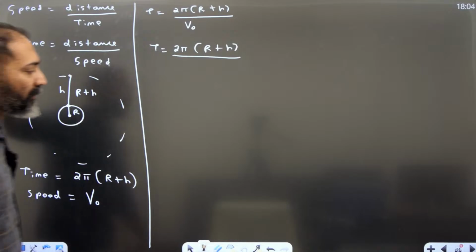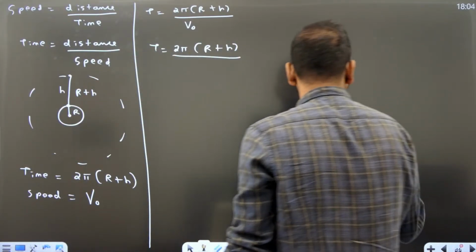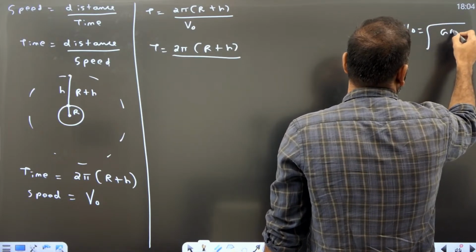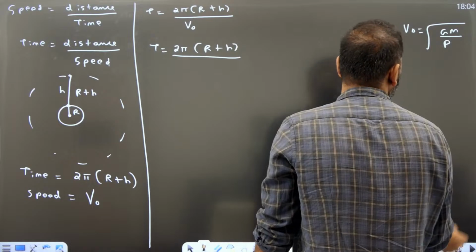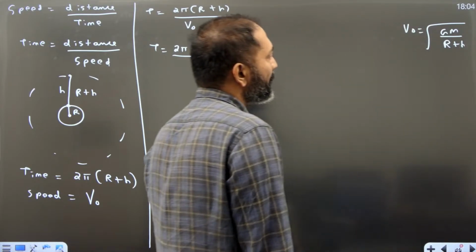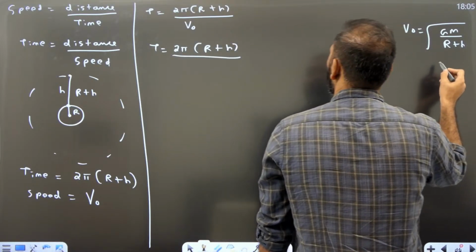I hope you remember the equation for orbital velocity. VO is equal to root GM by r plus h. Root GM by r plus h is the equation for orbital velocity.